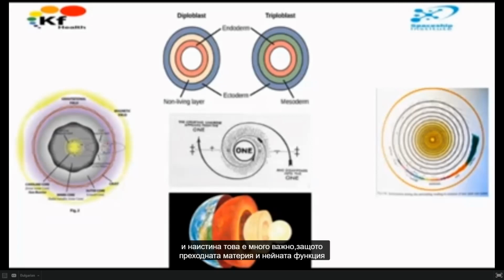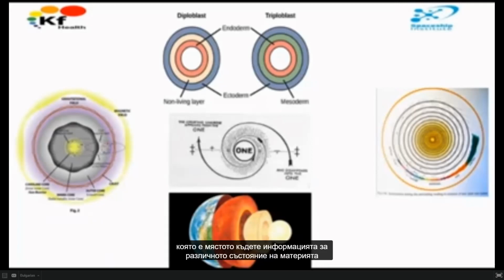And really that is so important because the function of transitional matter is to accept, to reorganize or transform, and to resend the information to the inner core. So because of that, even the name is transitional matter.